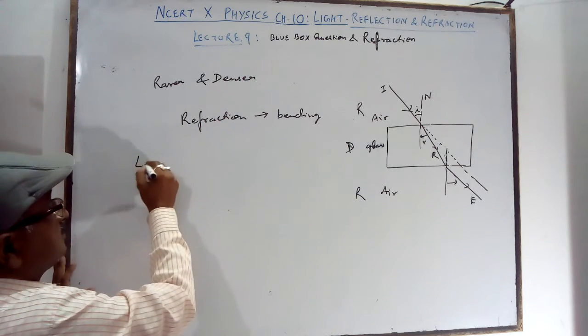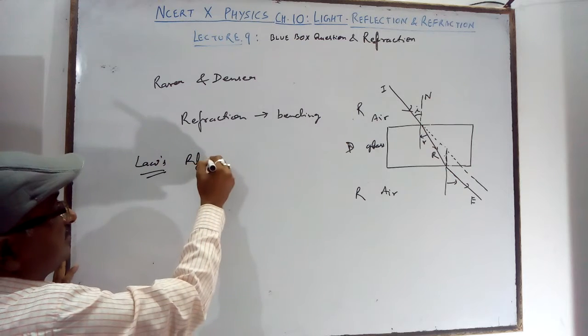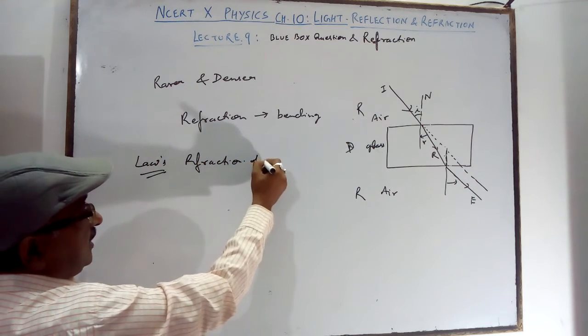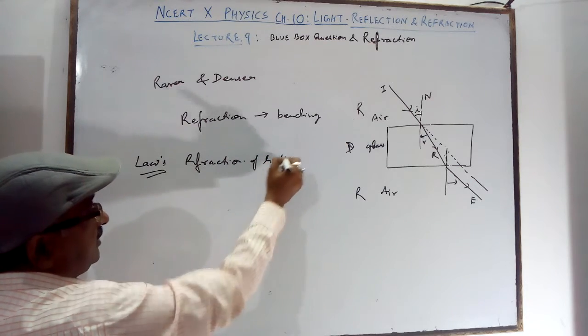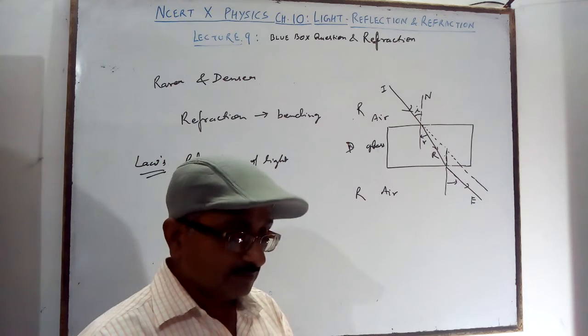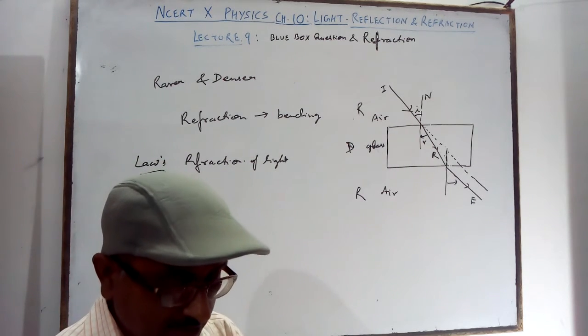Refraction of light also has laws, just like reflection of light. This is a very important law by which you can see the bending of light through a glass slab.